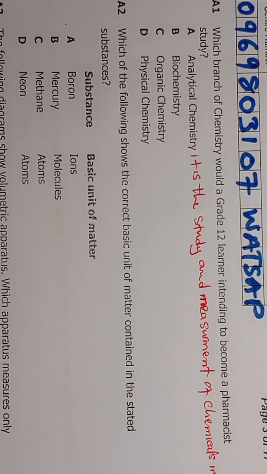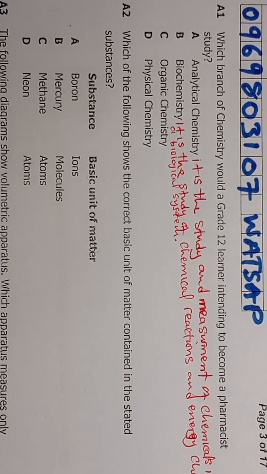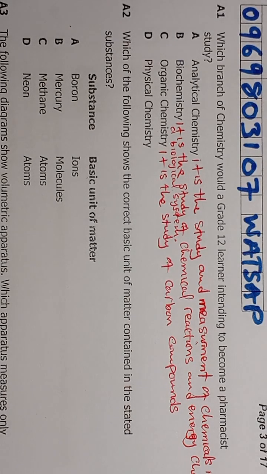Biochemistry, it is the study of chemical reactions and energy changes in the body of a living organism. Option C, organic chemistry. Organic chemistry, it is a study of carbon compounds. Option D, physical chemistry. Physical chemistry, it is a study of physical characteristics of a material.